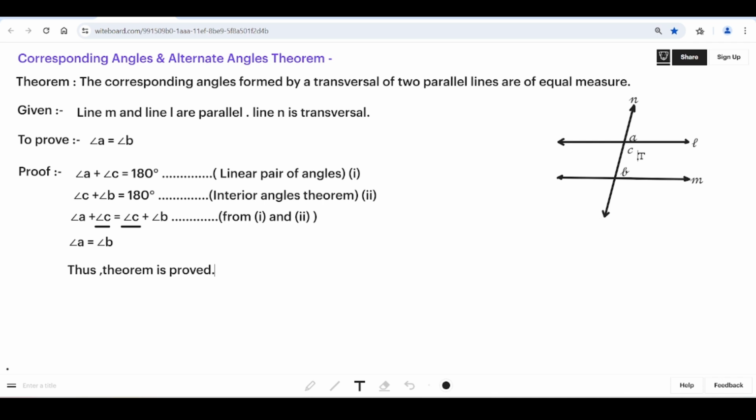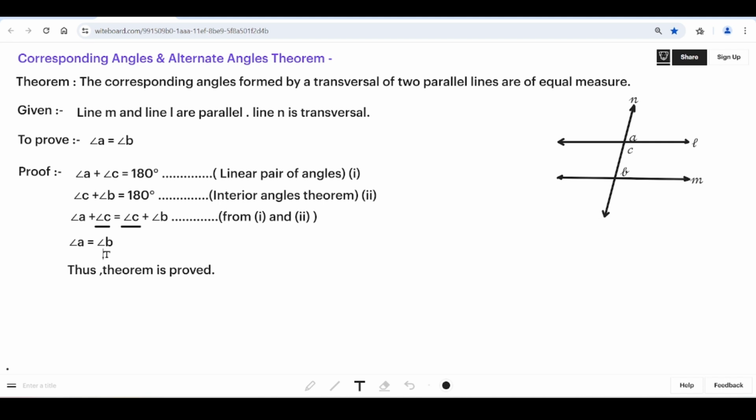And secondly, as we have learned the theorem of interior angles, angle C plus angle B is equal to 180 degrees. Then we equated both the equations as their right hand side is 180 degrees. The equation has the common angle C on both sides. We have cancelled out that angle C from both sides and we get angle B is equal to angle A.